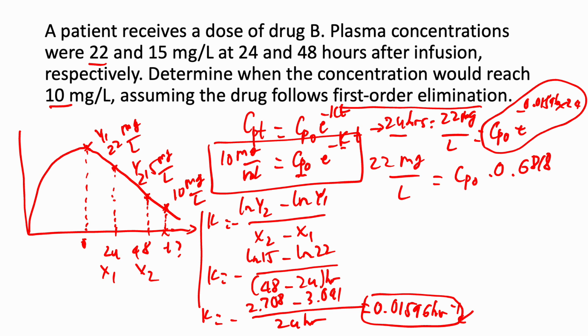Using a calculator, the value of C_0 is 32.2676 milligram per liter.